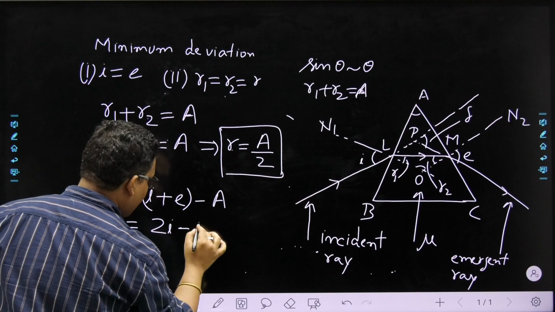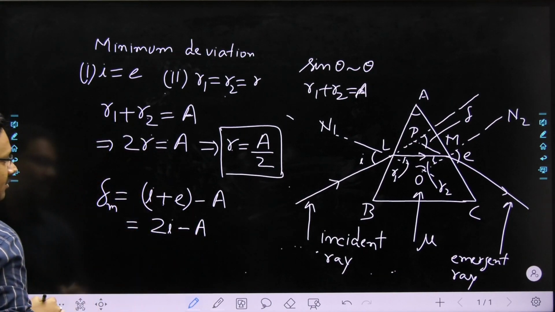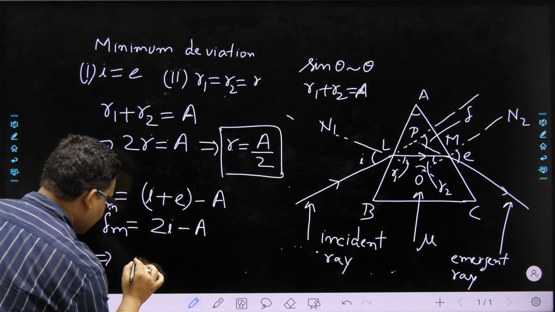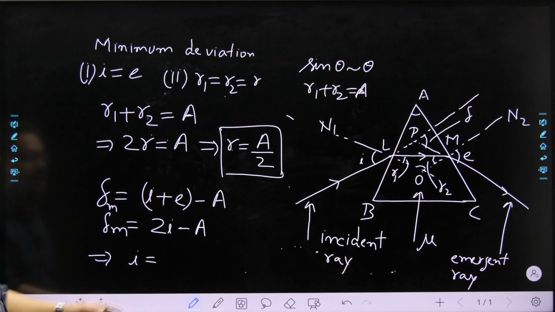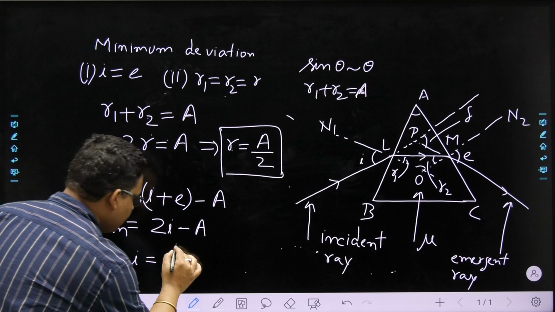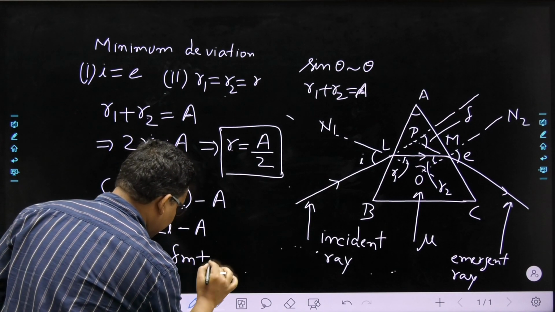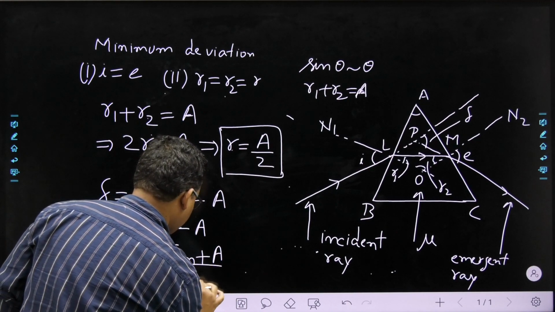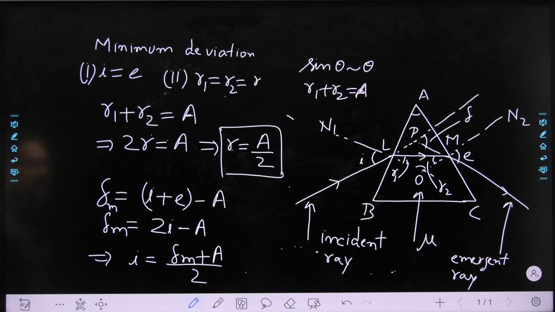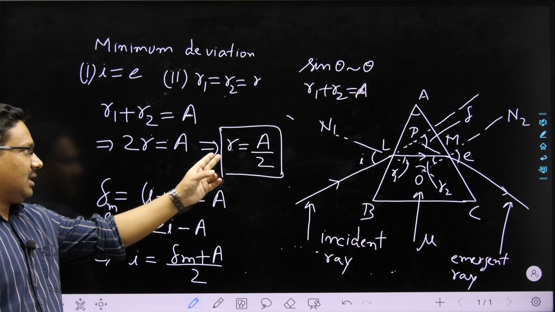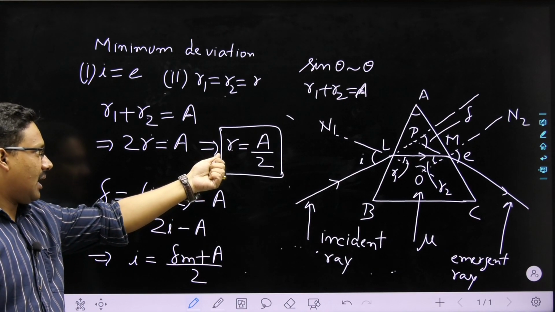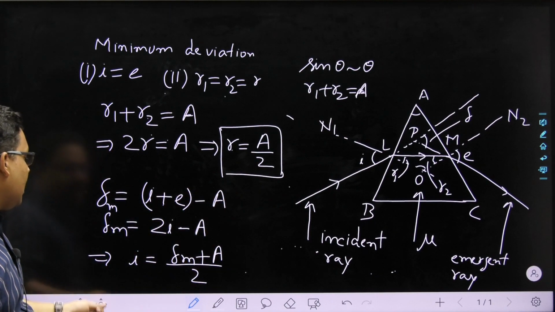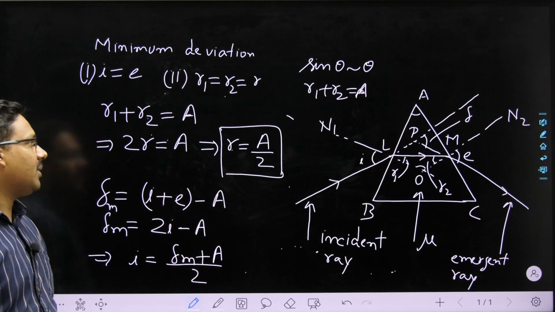So we can write 2i minus A equals delta m. Then i will become, A goes to this side, (delta m plus A) by 2. So in case of minimum deviation, we can see that the angle of refraction becomes A by 2 and the angle of incidence becomes (delta m plus A) by 2.